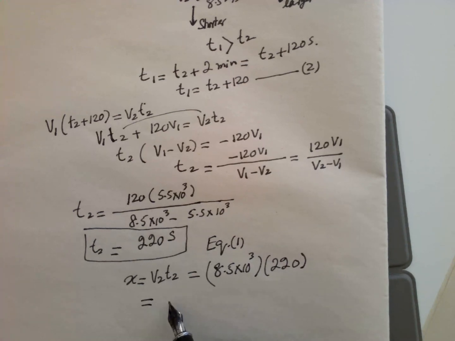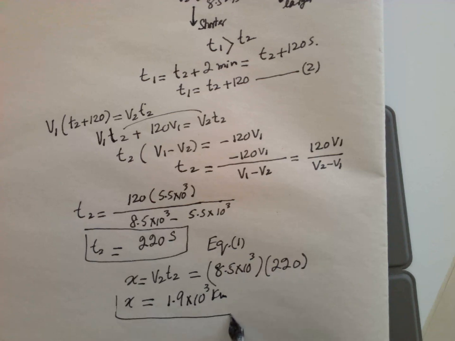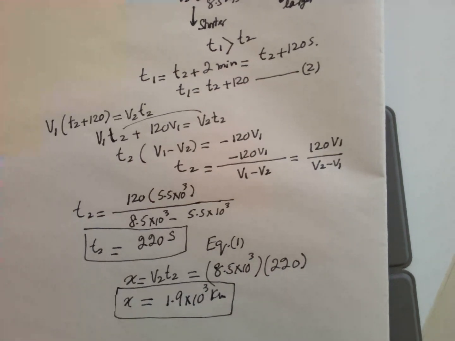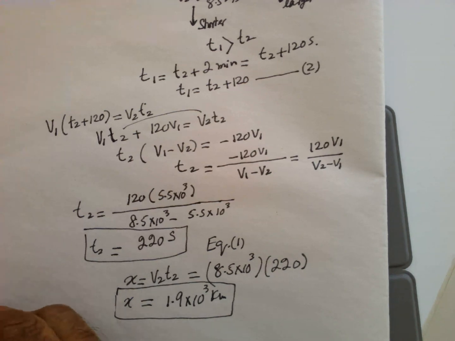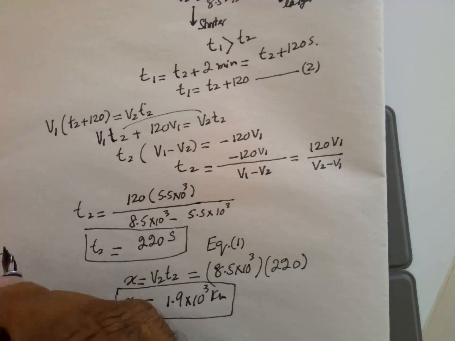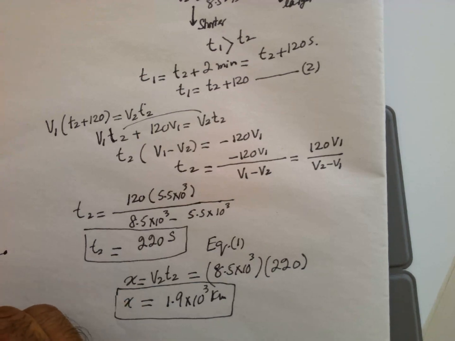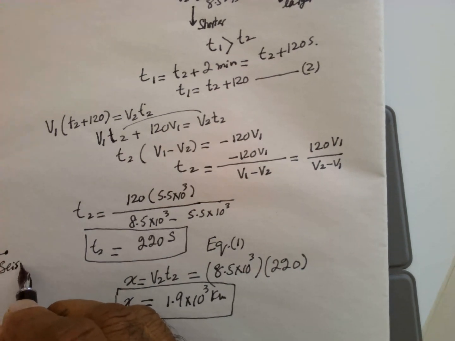So this will give us the value 1.9 into 10 to the power 3 kilometer, x. So this is the epicenter, and this is the seismic station.